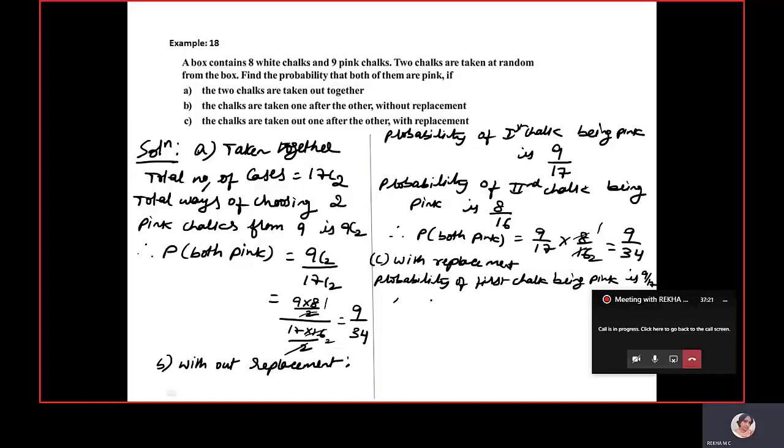So the probability of the second chalk being pink is again 9 by 17 because it is replaced. So therefore the probability of both pink is equal to 9 by 17 into 9 by 17, that is equal to 81 by 289.